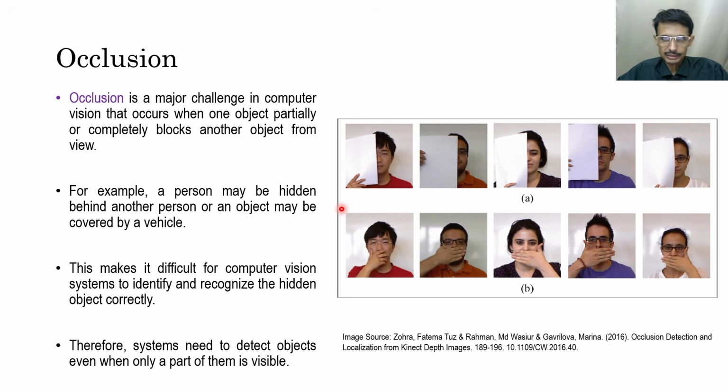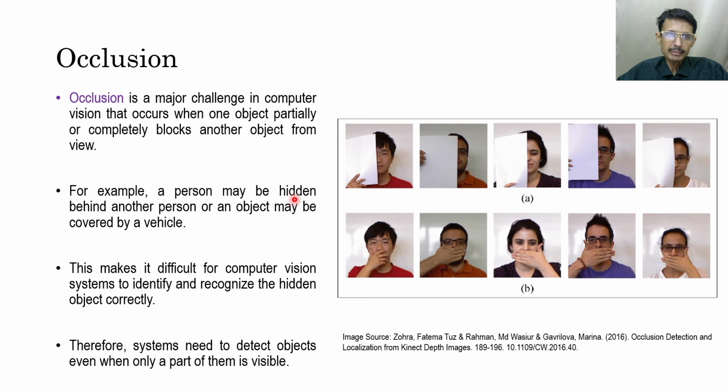Next is occlusion. This is very important, because in our study we find many times that our object of interest is somewhat occluded by some foreground object or other things. Occlusion is a major challenge in computer vision that occurs when one object partially or completely blocks another object from view. So this is the basic idea.